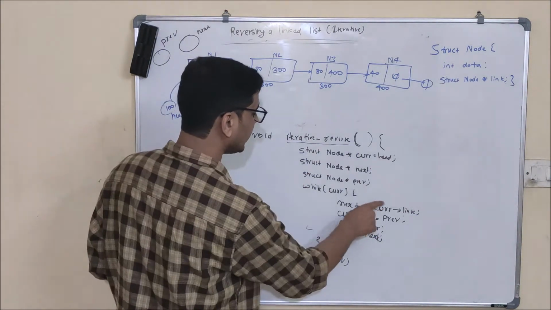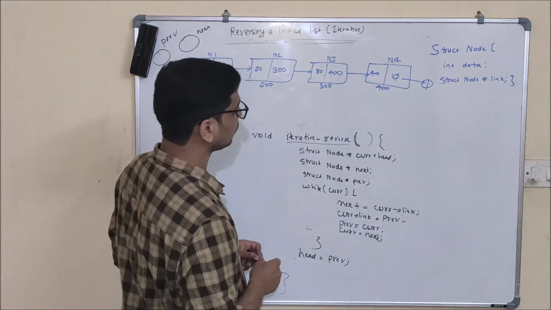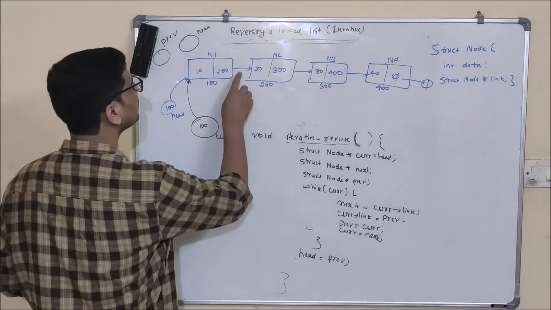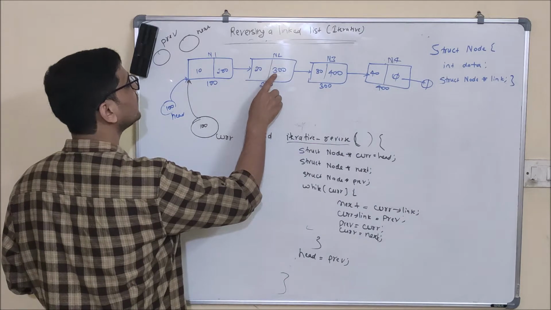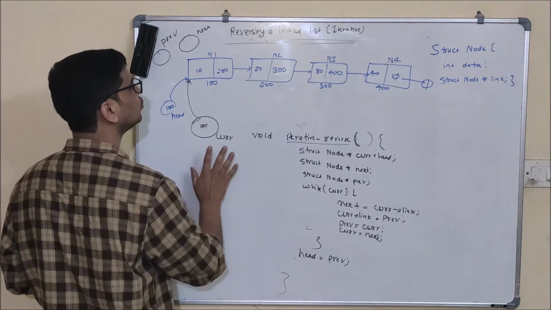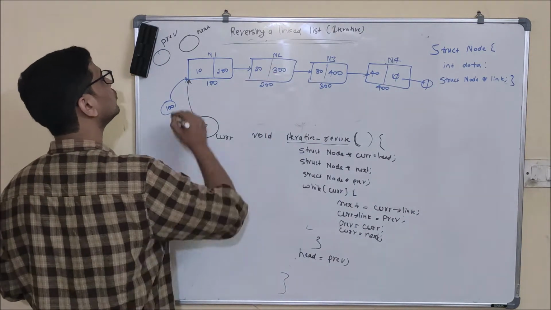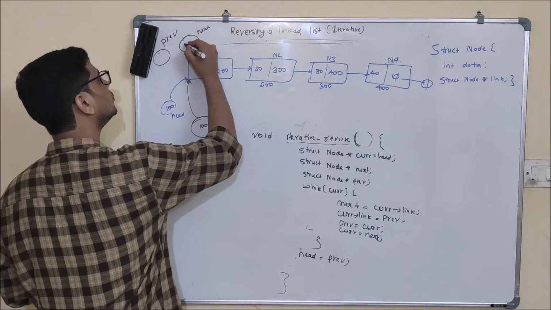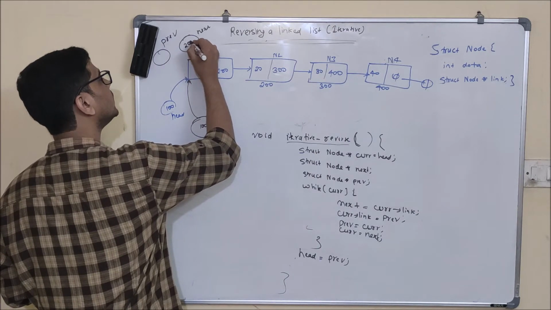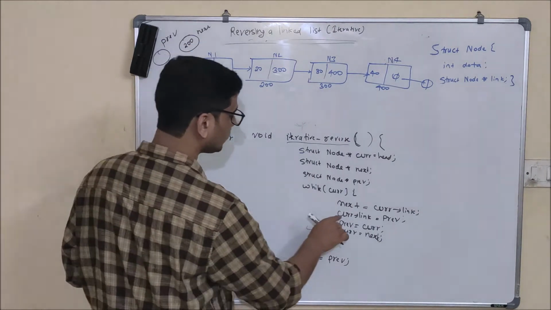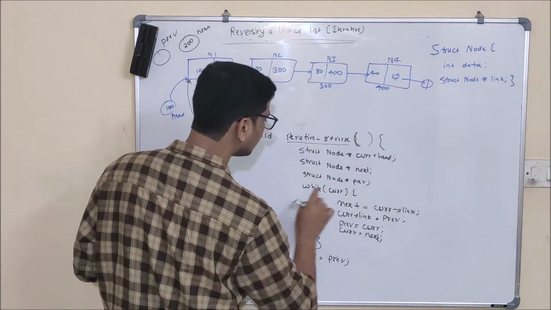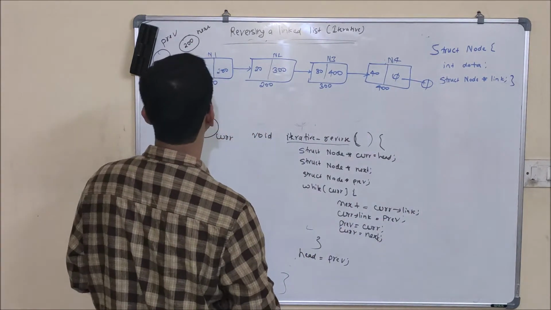That is, next will be updated to current dot link. And what is current dot link right now? Current dot link is node 2. So in next, we are going to copy 200. And after that, current dot link will be updated to previous.